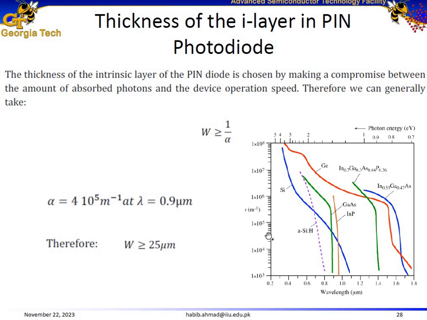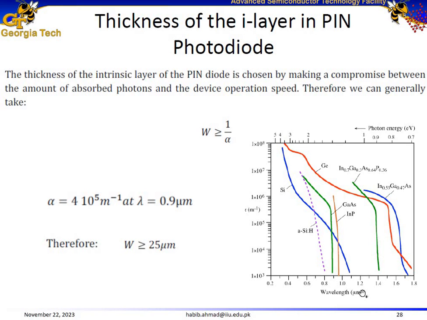So the absorption depth would be 1 over 5 times 10 to the power of 4, or 0.2 times 10 to the power of minus 4, which comes out to be 20 micrometers. Looking at the plot at 900 nanometers or 0.9 micrometers, it's around 5 times 10 to the power of 4. So the I layer thickness in this case should be 20 micrometers.